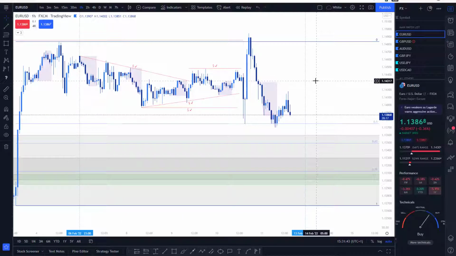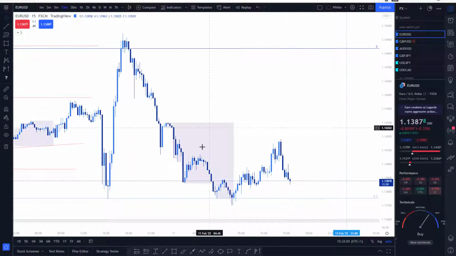And yes, now we are an hour and a half into the New York session, and New York is selling again, at least for now. The price stepped into, let's say, this. So up, down, up.